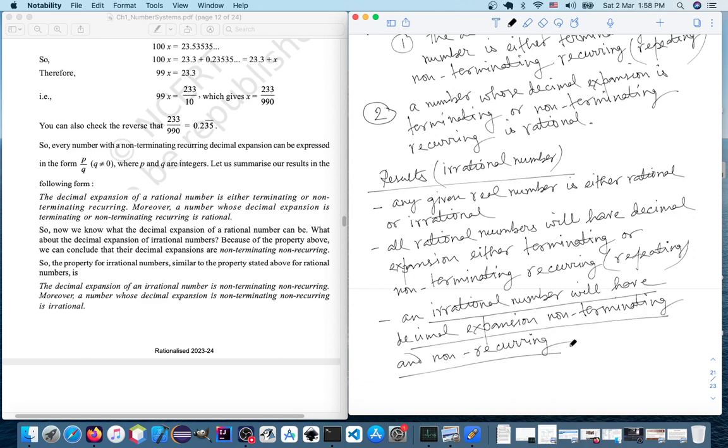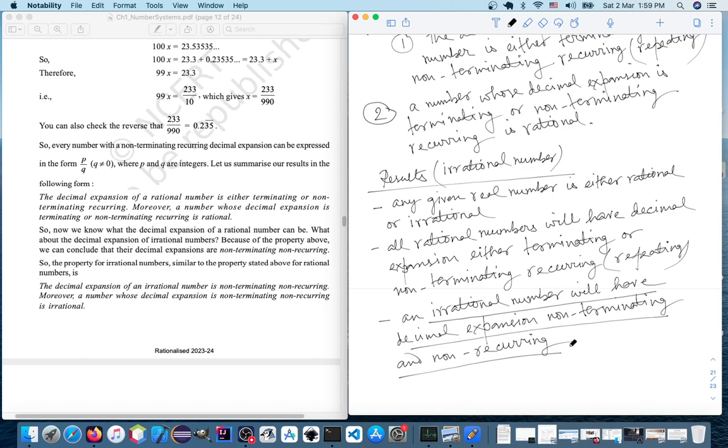Now, why did we conclude that an irrational number will have a decimal expansion non-terminating and non-recurring? Because the decimal expansion of an irrational number cannot be terminating, because we have already seen that all rational numbers have decimal expansion either terminating or non-terminating recurring.